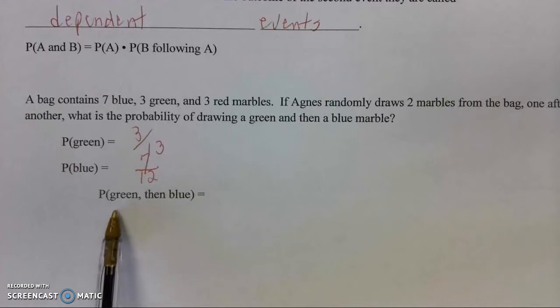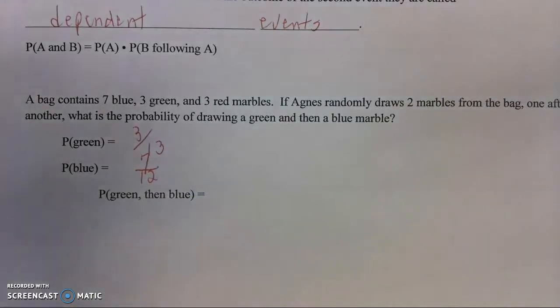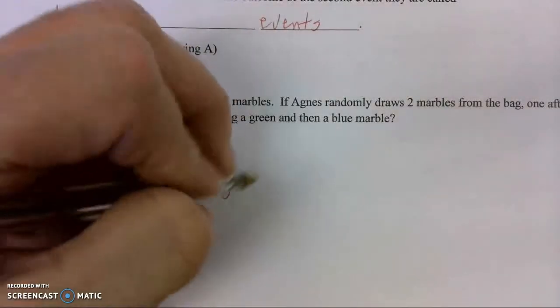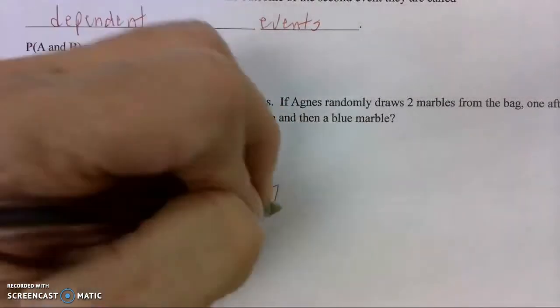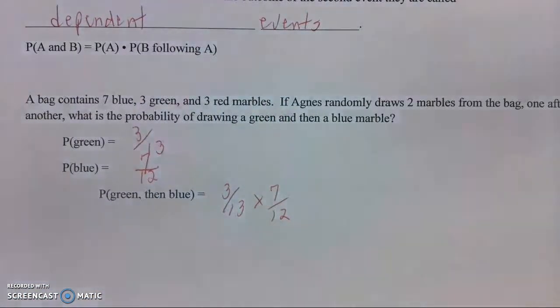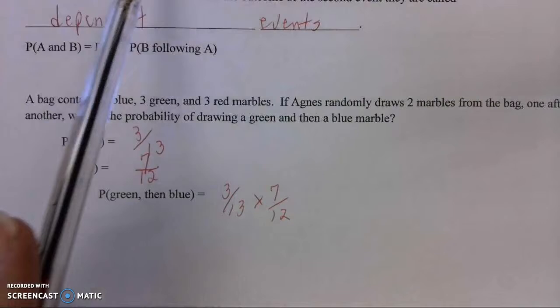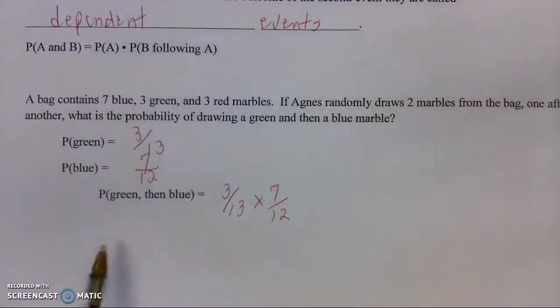So now to find the probability of green and then blue, well, probability of green is 3 over 13 times 7 over 12. Still going to multiply, but then kind of notice the difference. This says tails and 5. This says green, then blue.